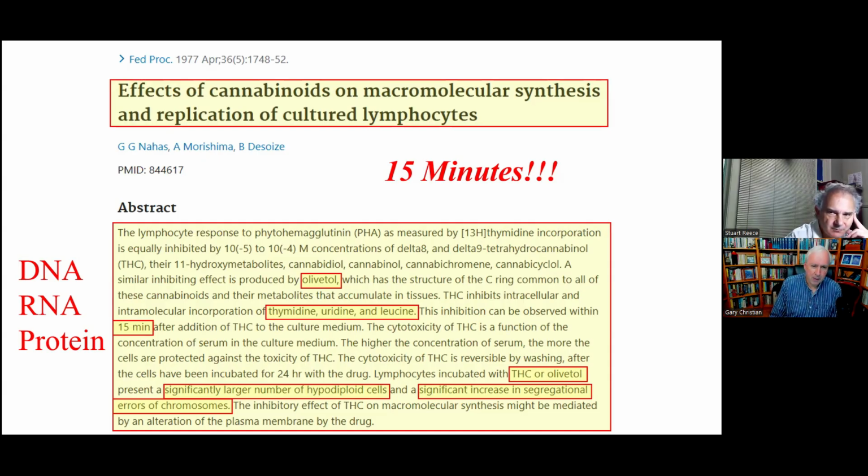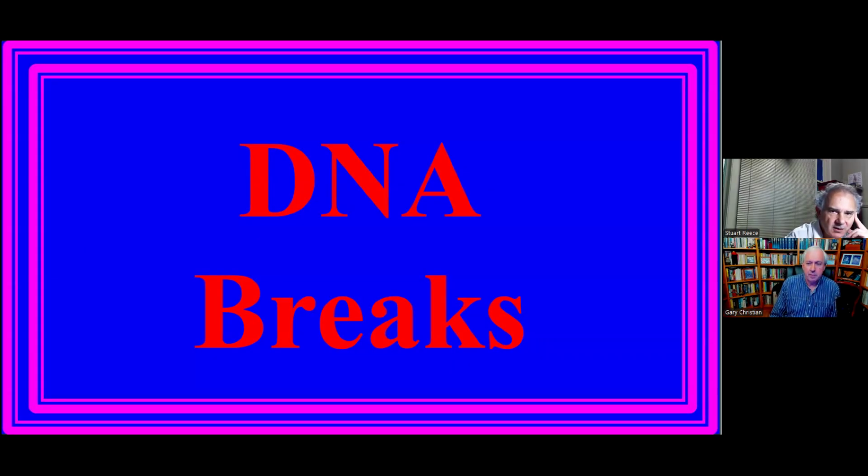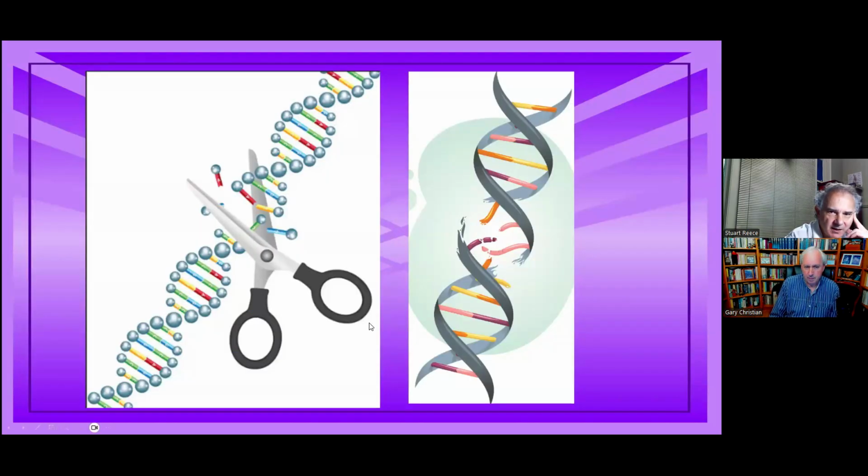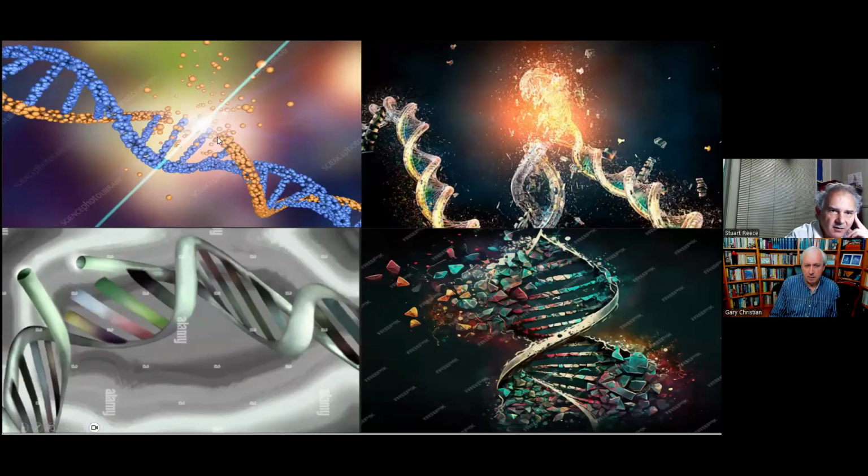Okay. So let's look at DNA breaks, which look like that schematically. They can be produced by energy, X-rays, or light, or by toxins or genotoxins, which actually break the DNA and destroy it. The point here is these are illustrations of computers.